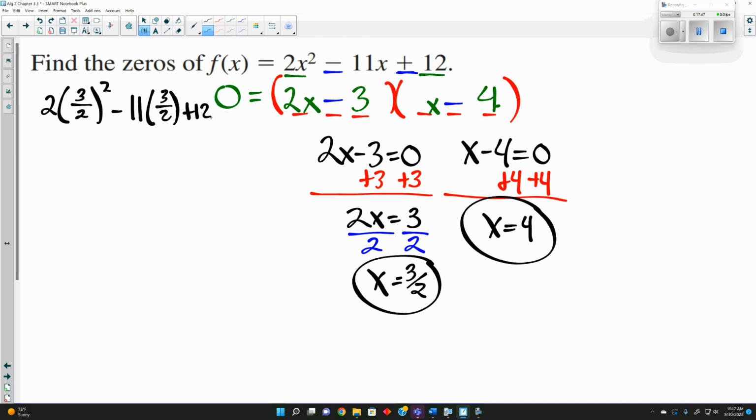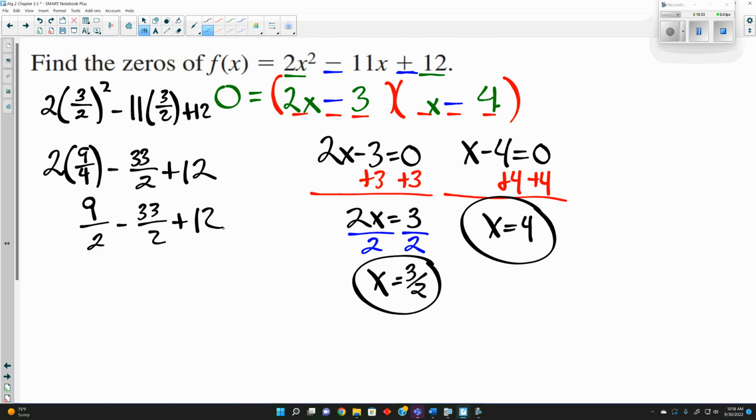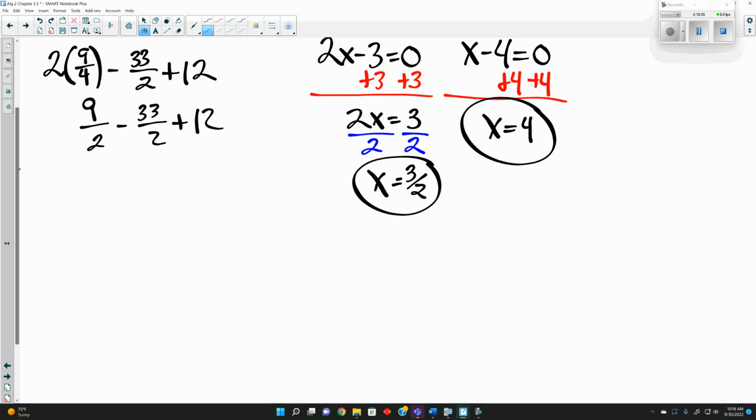If we did this by hand, we'd have 2 times 9/4 minus 33 over 2 plus 12. 2 times 9/4 is going to be 9/2 minus 33 over 2 plus 12. 9/2 minus 33/2 is going to be negative 12 plus 12, which is indeed 0.